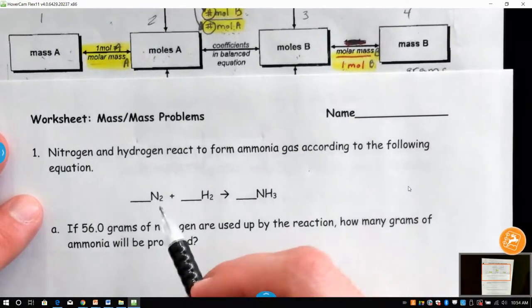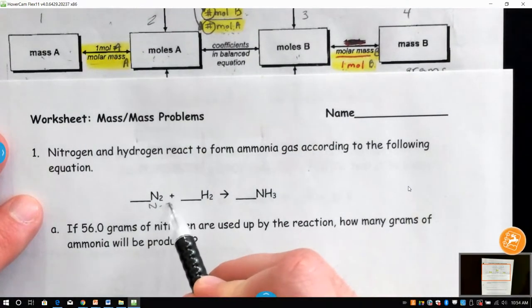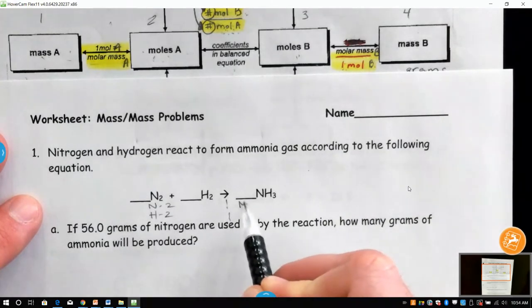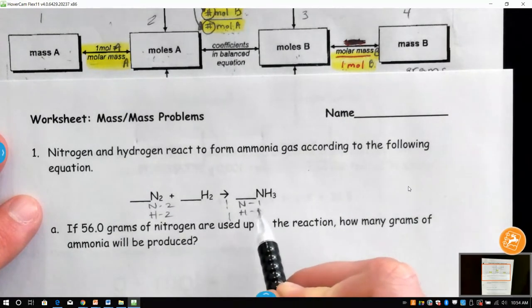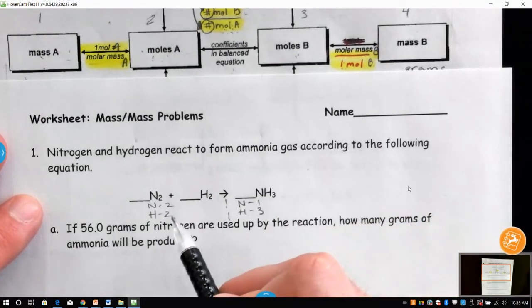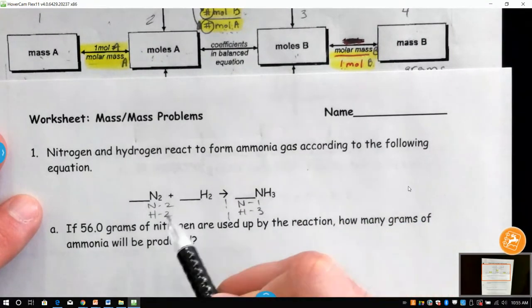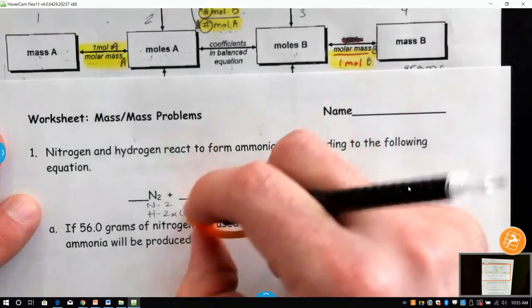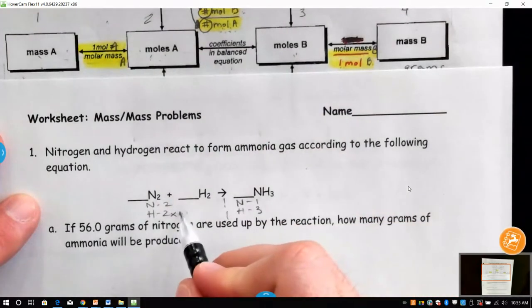Okay, so if I'm looking at this, I have nitrogen, I have 2 of them. I have hydrogen, I have 2 of them. On the other side, nitrogen, I have 1. Hydrogen, I have 3. Not really going to quite work, but for hydrogen, the 2 and 3, the closest thing they're going to share is a 6. They got to multiply by what to get 6?